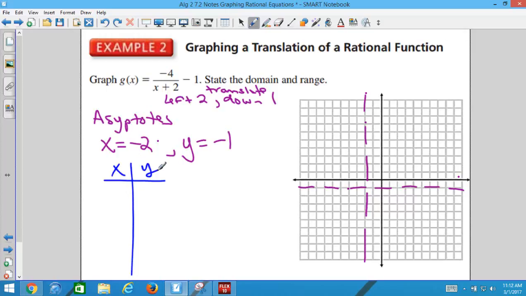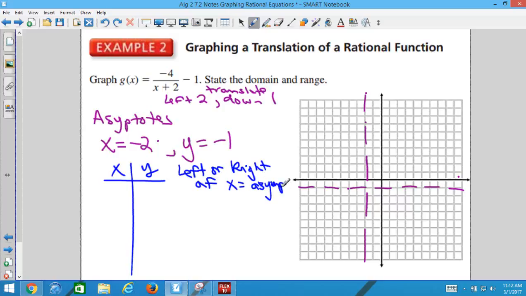And then when you're going to plug things in, you're not going to plug in x equals negative 2, because that's an asymptote. It's not going to work. So instead, let's plug in things that are left or right of the x equals asymptote.